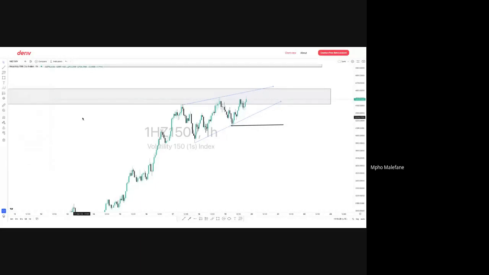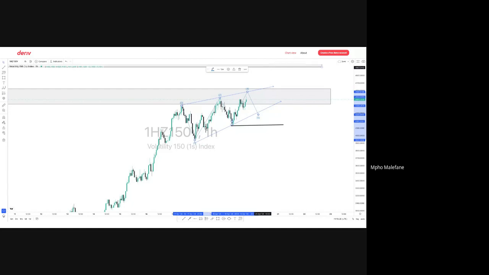Start from 0, 1, 2, 3, and if you touch here, this will be 4, and this will be the 5. And after the 5, it will break bearishly. So Elliott wave is telling us that it's still coming here, but we are not yet sure.